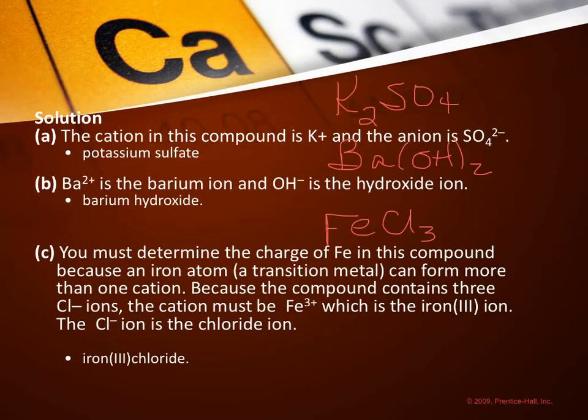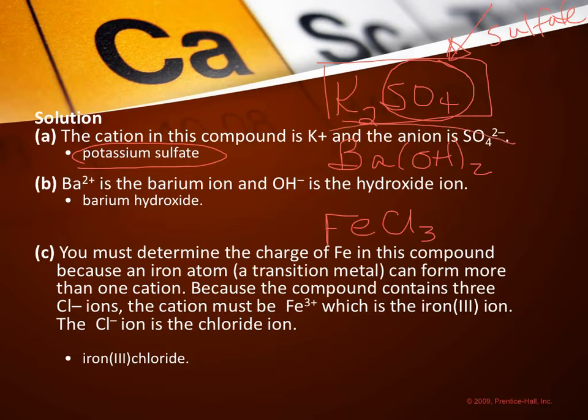Alright, I'm hoping you tried these yourself. K2SO4 does not have a transition metal, but it does have a polyatomic ion. So I would start by looking in my polyatomic list and find the name of SO4, which is sulfate. And so the name of this first one is potassium sulfate.